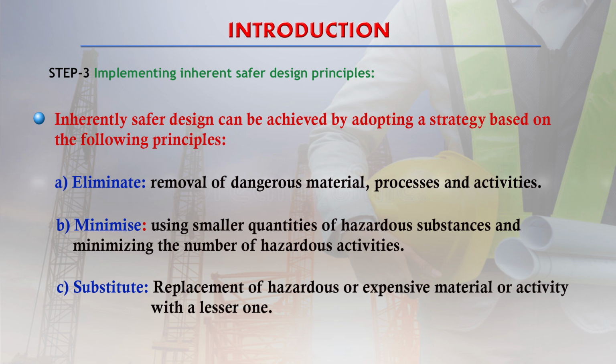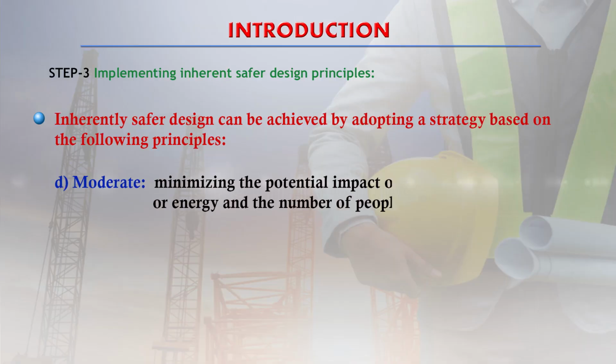If both A and B are not possible, then we will substitute: replacement of hazardous or expensive material or activity with a lesser hazardous or expensive material. If we cannot control the hazard up to the required degree by the above A, B, C, then we will go for the next principle, that is moderate.